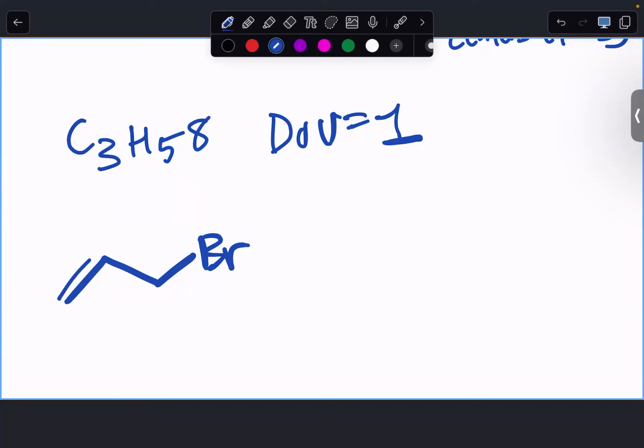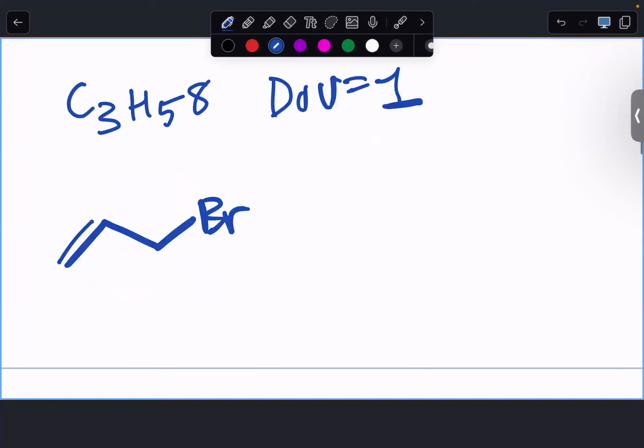So we could add a double bond here or there, right? So if we add a double bond here, now we have 1, 2, 3, 4, 5 hydrogens, which checks out with the chemical formula. Where else could we place the double bond if the bromine is at the same carbon here? Yeah, the second position, which is here.